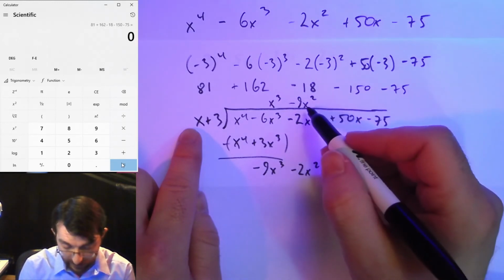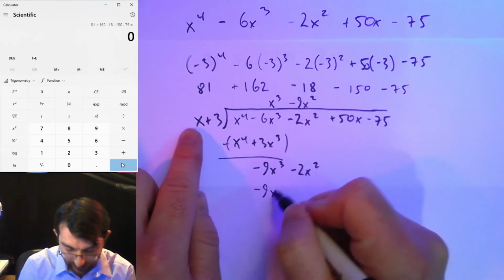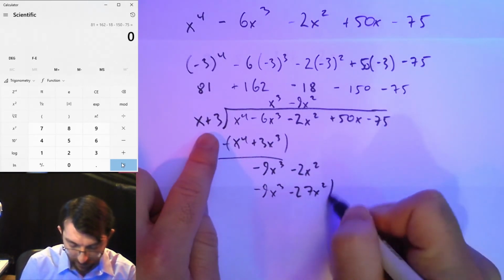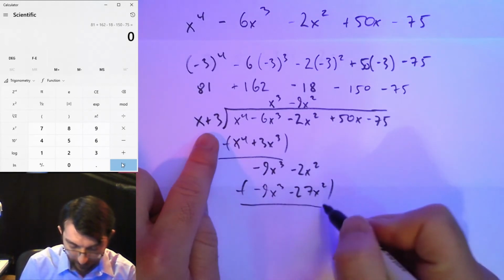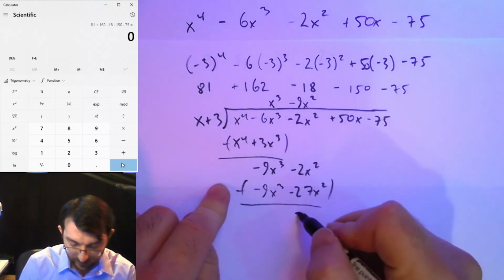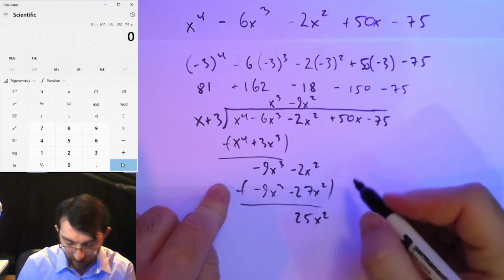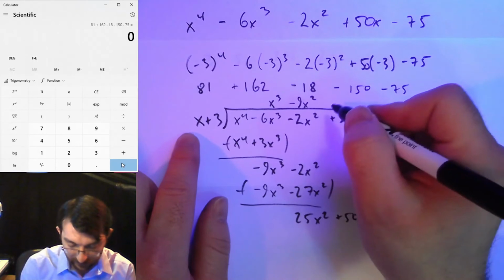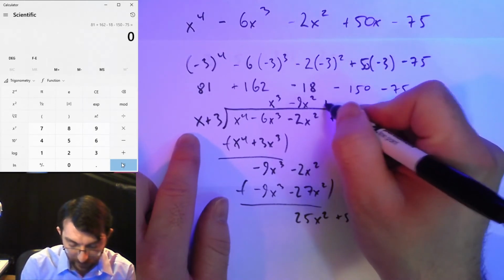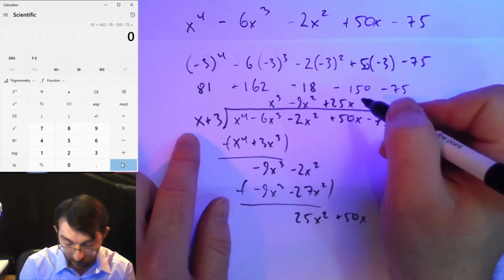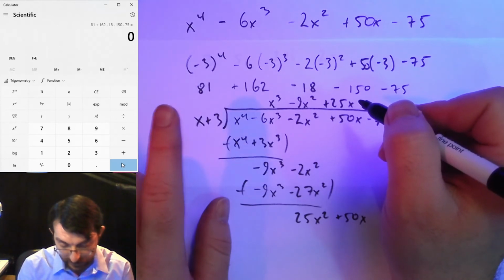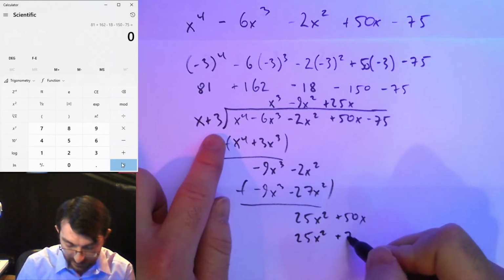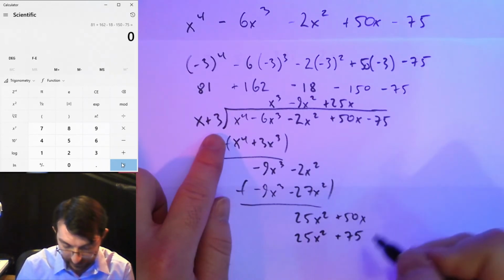So minus 9x squared times this is minus 9x cubed minus 27x squared. Negative 2 minus negative 27 is 25x squared. Bring down the 50x. X goes into 25x squared 25x times. 25x times x is 25x squared, and times 3 is plus 75x.